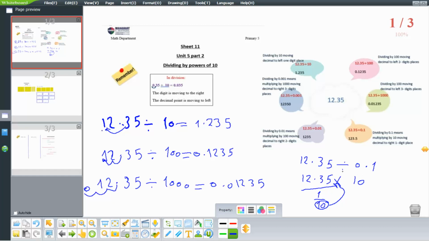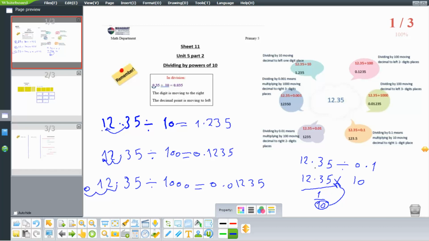So if I have 12.35 divided by 1/10, it means multiply by 10. And this is only when dividing by 0.1, 0.01, 0.001 and so on.